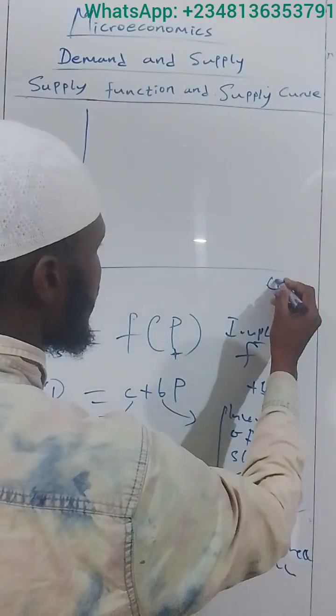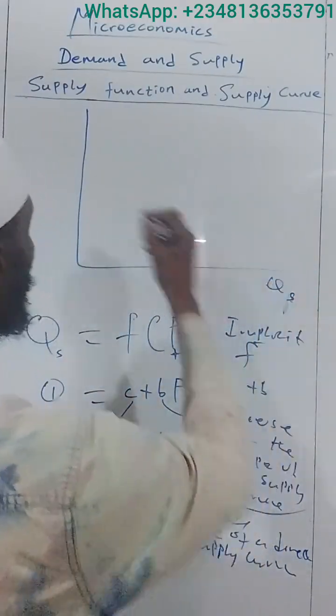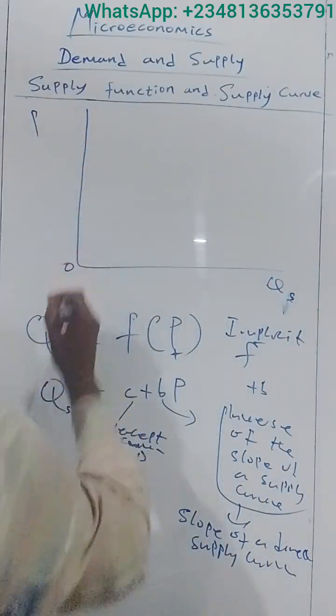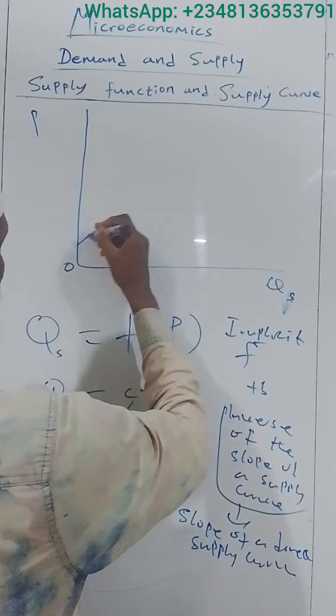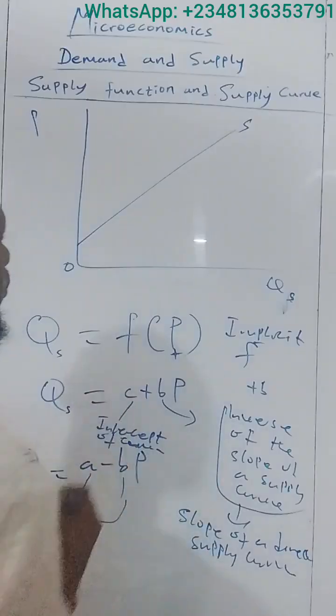When we have our supply curve, let's say this is quantity supplied and this is the price, we have 0 here. If I draw a supply curve, let me start from here. This is supply, right?